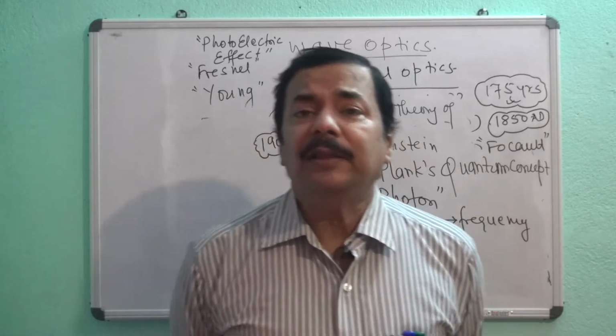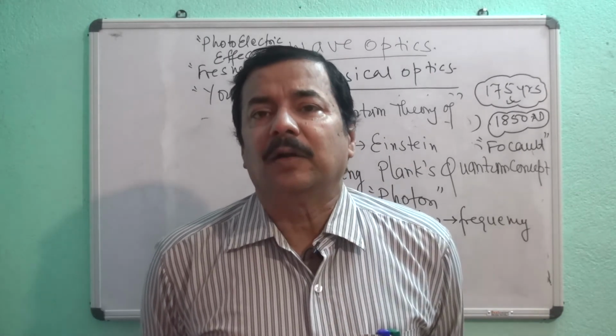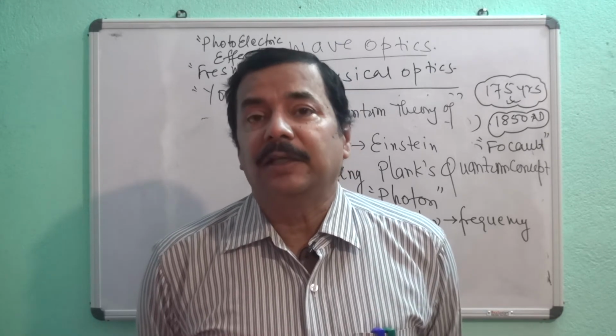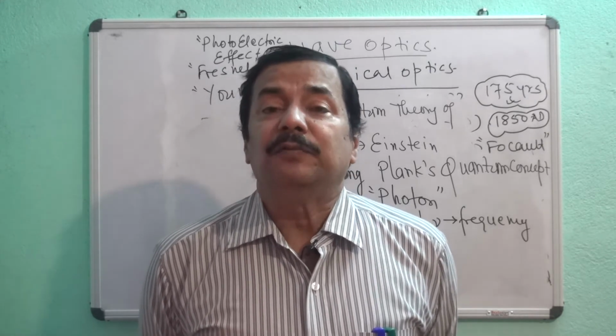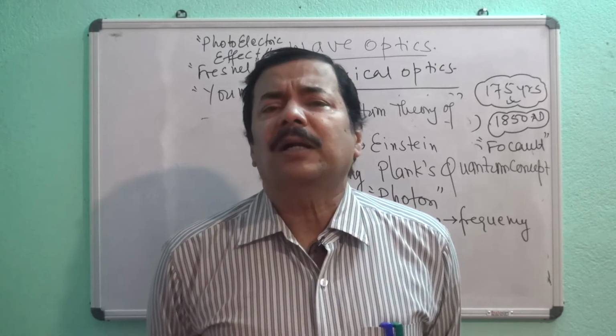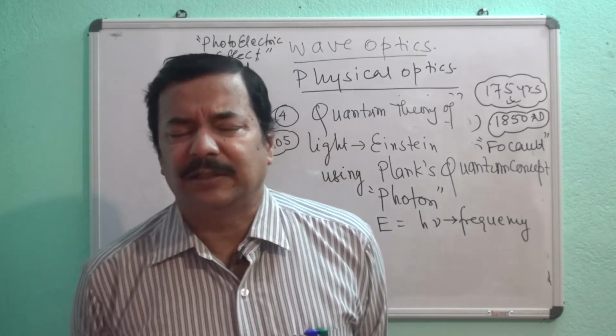When the dimension of the object we are using is very large compared to the wavelength of light, the subject matter comes into ray optics, and we study things like shadow formation.